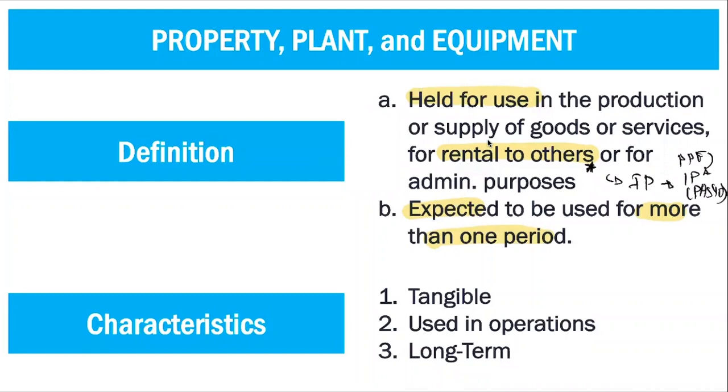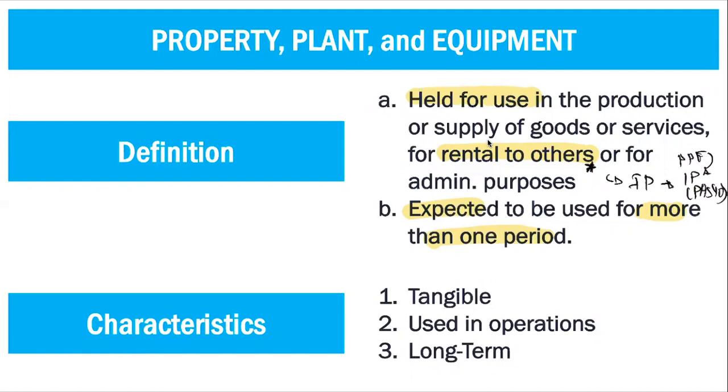Doon lang. Past 17 yon. But now in PFRS 16, so long as you control the economic benefits out of that property because of the probable future cash flows or economic benefits out of that property, you can already measure it. Kasi natanggal na rin sa characteristic niya ngayon yung you have ownership. So tangible lang importante. Tangible lang.